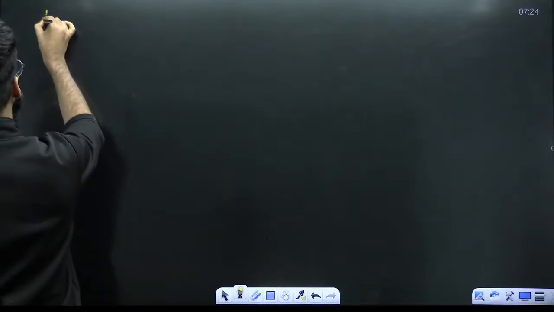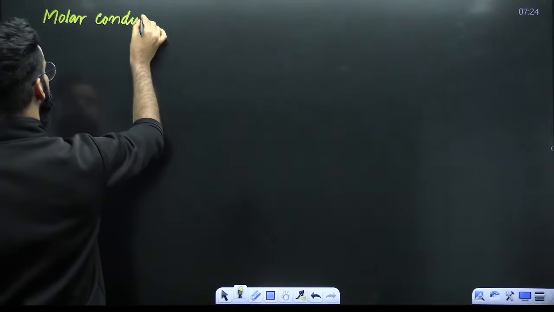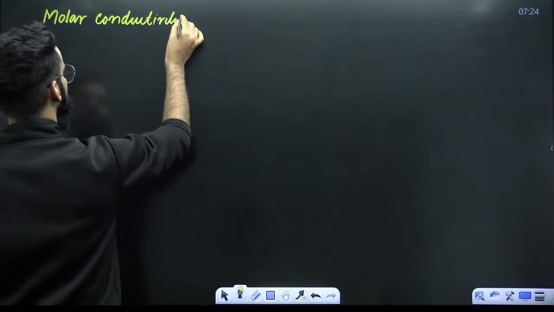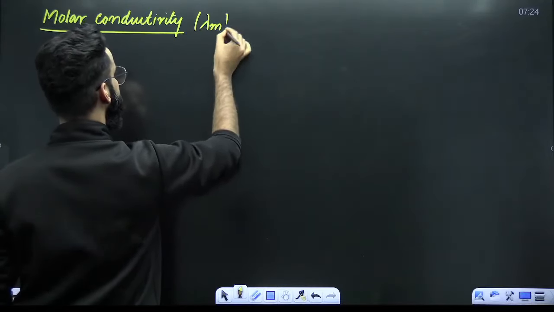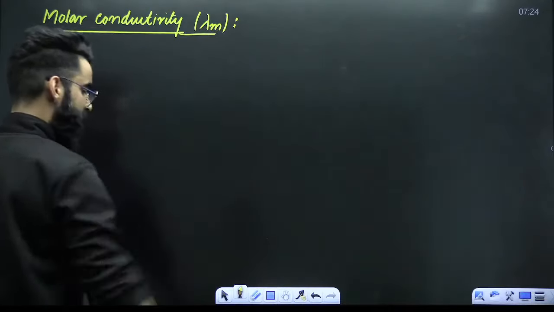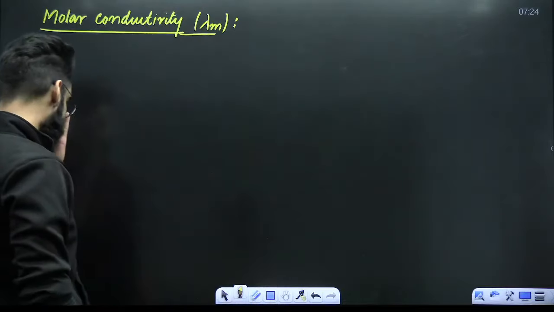Now, before doing the other stuff, let me talk about one more important terminology. That is molar conductivity. Molar conductivity is represented by lambda m. Let me first of all write its definition, then I'll make you understand.